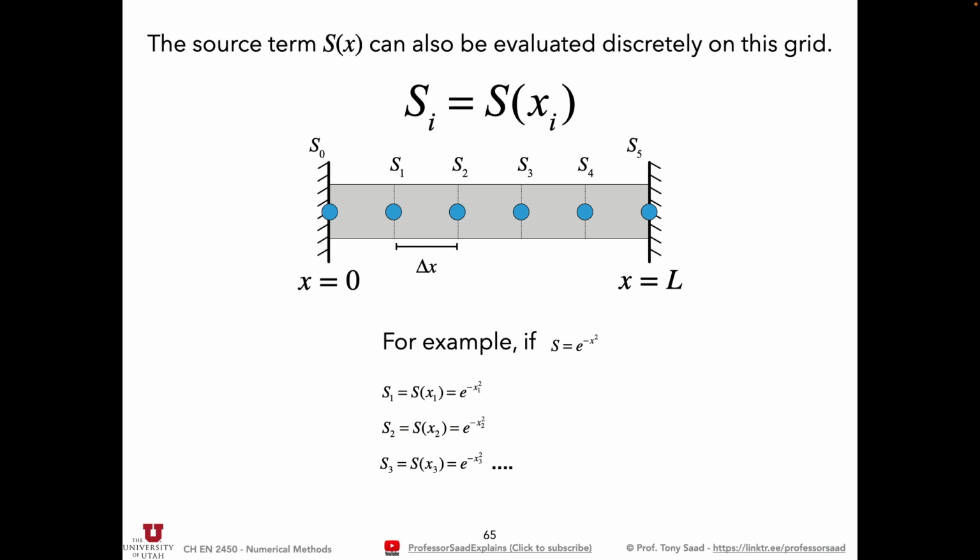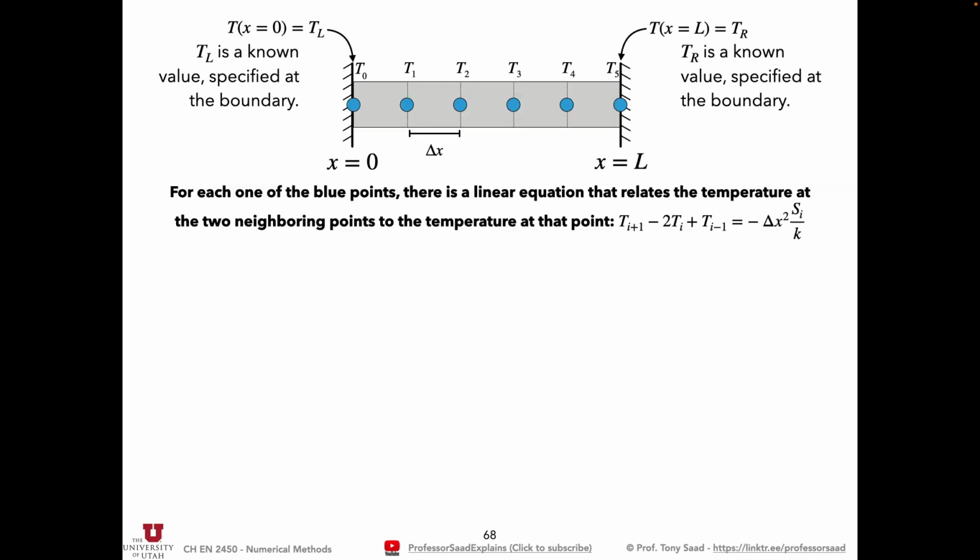So always try to tie it back to your equation. So in the end, for say 5 points, we have one equation at each of the blue points. For point 0, you have T0 equal TL that's given to you. Now I like to include that in the system of equations.